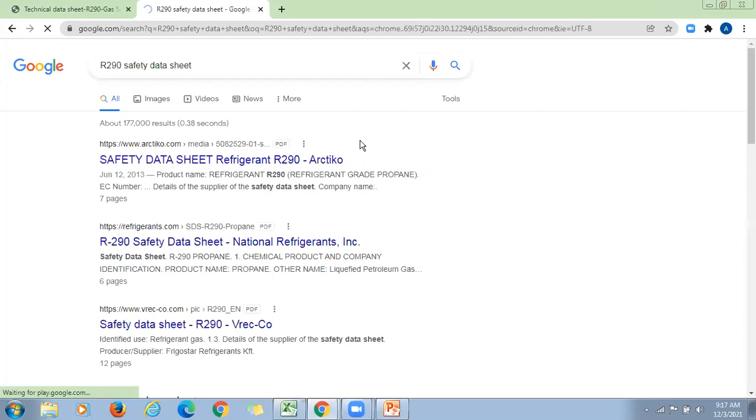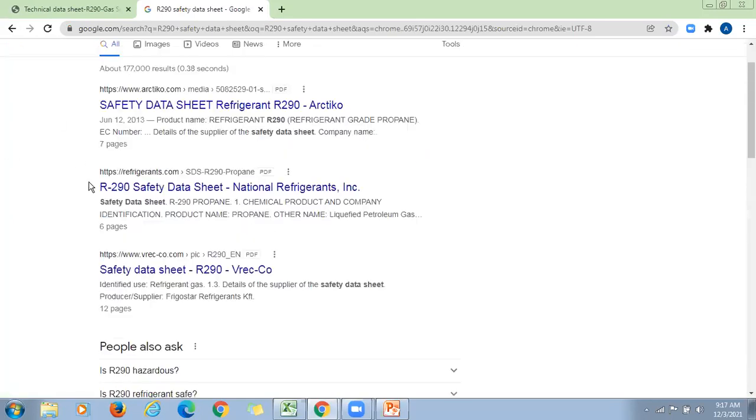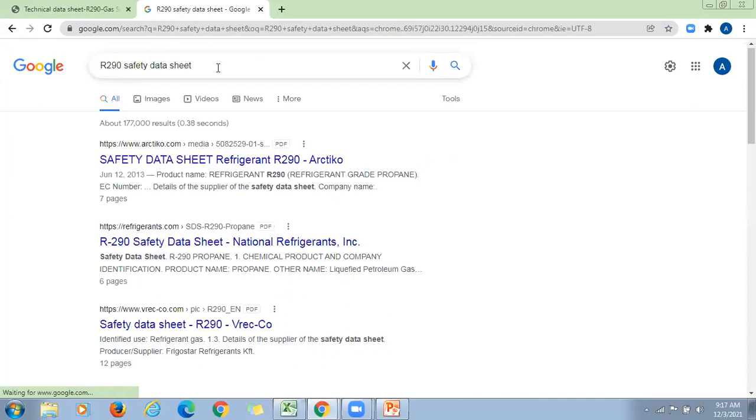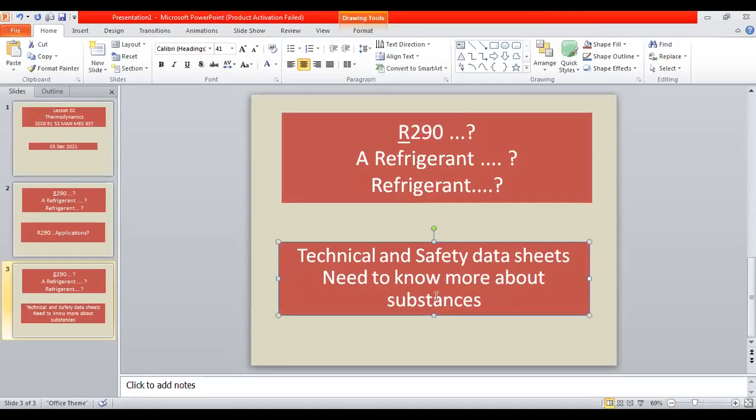If you need to know about it, you can see a lot here. Sometimes we call them safety data sheets.